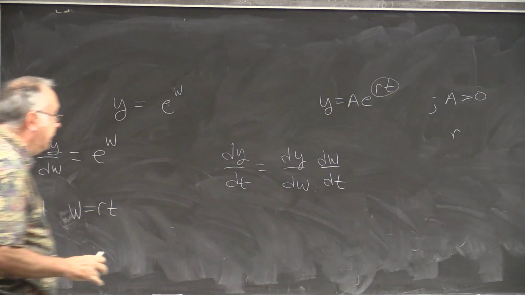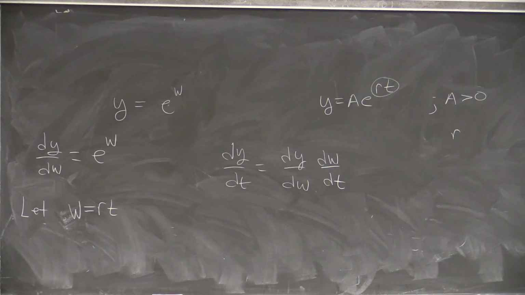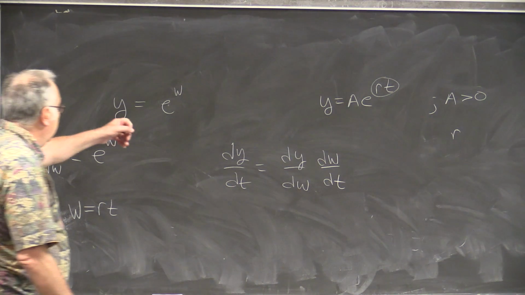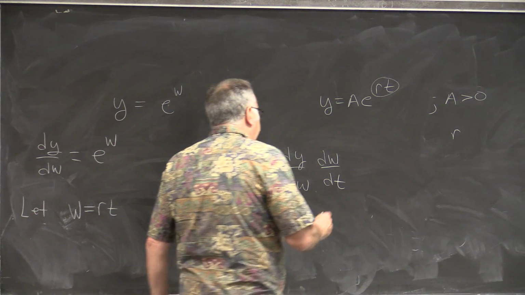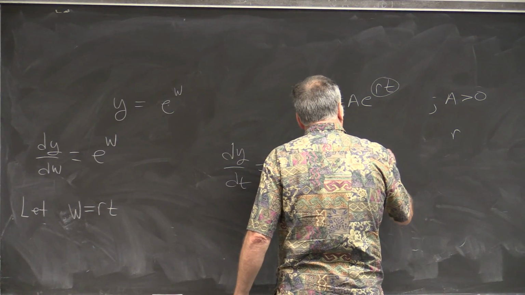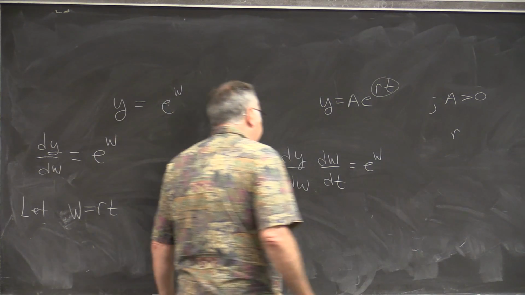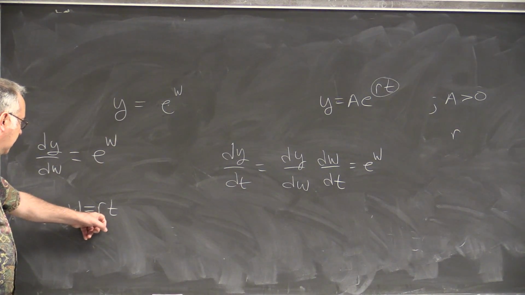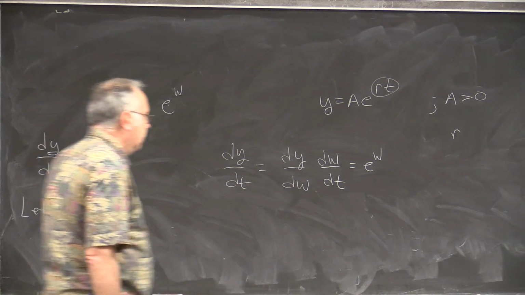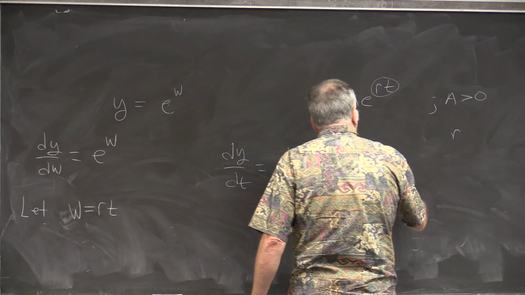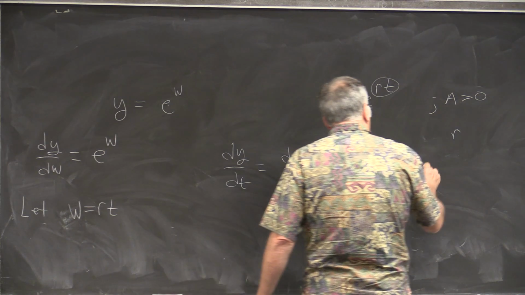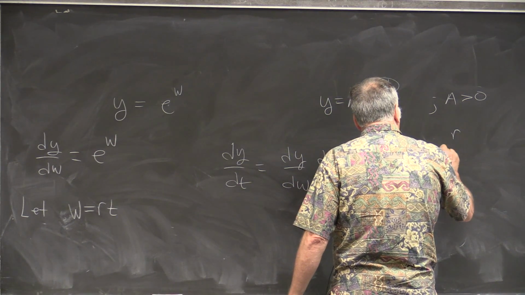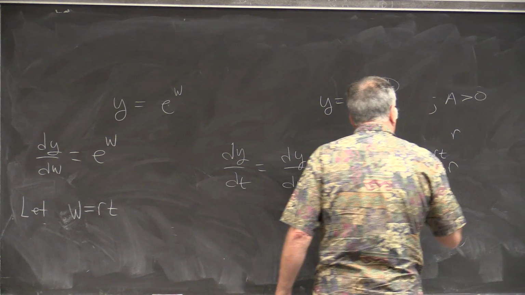What is dy dw? dy dw here is just e to the w. And dw dt is just r. Now substitute back in for w, and this is e to the rt times r.